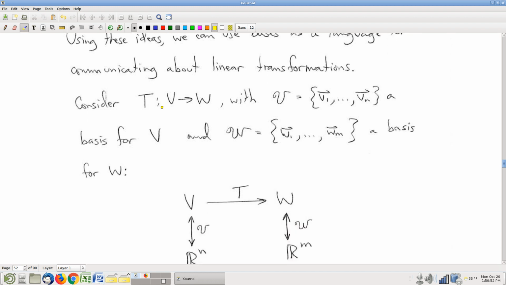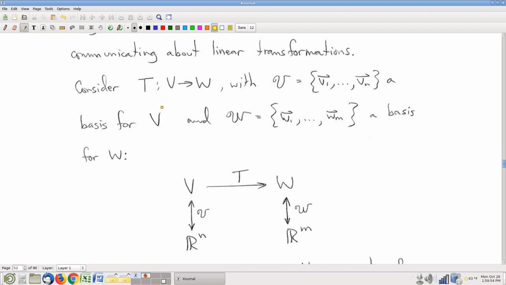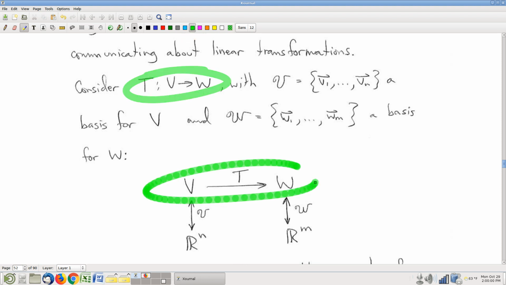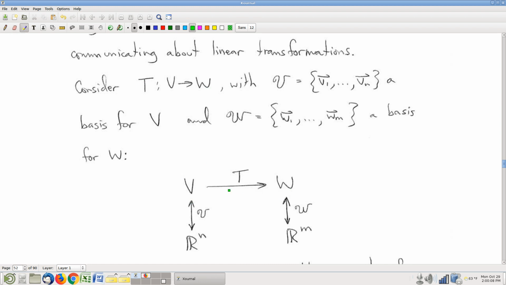We're going to make a little diagram here. So we've got a linear transformation here, T, from V to W. Let me represent that on our little diagram I want to build. And we're going to pick a couple of bases here. So I've got vectors in this vector space V. I would like to be able to represent them conveniently.